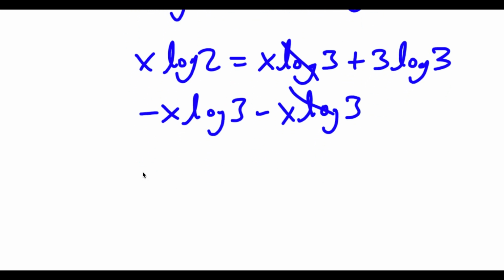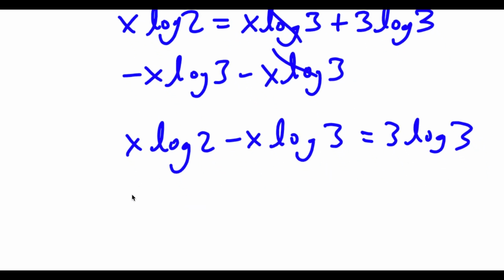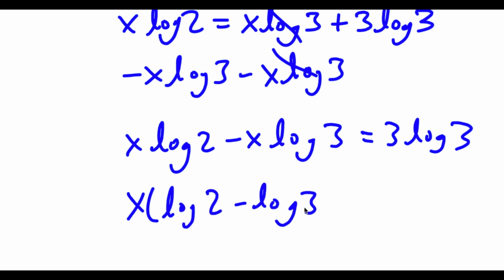So these two cancel out and I get x log 2 minus x log 3 is equal to 3 log 3. Now if I factor out x, I get x times (log 2 minus log 3) is equal to 3 log 3.